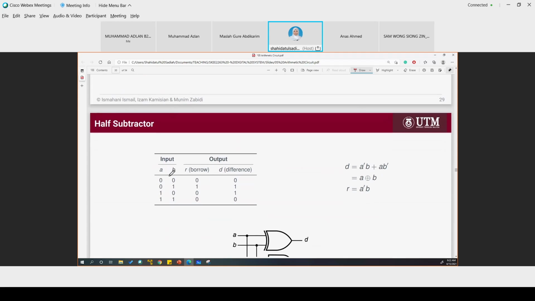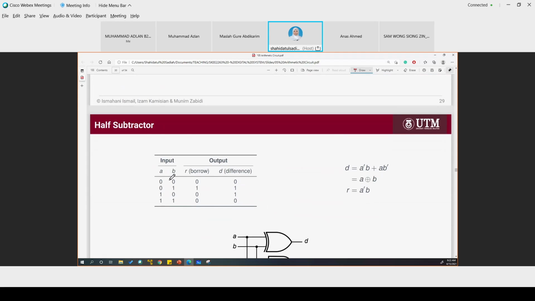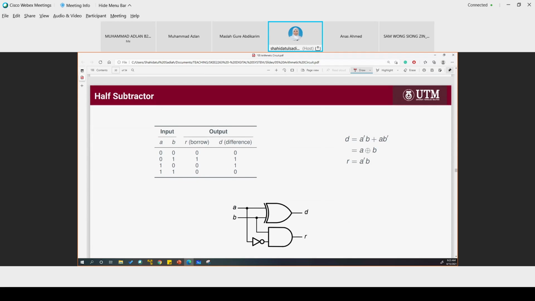Right? So now let's look at the subtractor. I think you already have a hunch on how to do this.